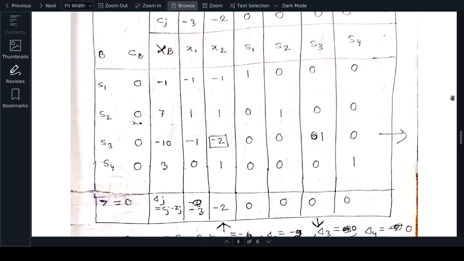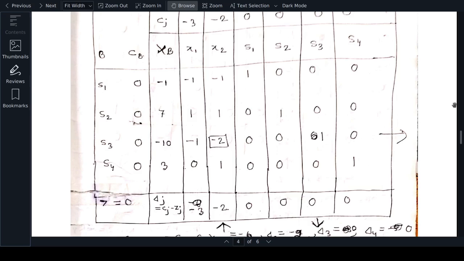And delta j value, same as earlier, we calculate cj minus cb into yj. After calculating, you see delta j values are -3, -2, 0, 0, 0, 0. Then you see all delta j values are either 0 or negative.